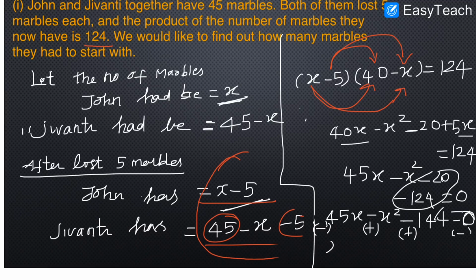There is no sign for 0. So I can write x square minus 45x plus 324 equals 0. So this is our required quadratic equation. In the next class we are going to solve many related problems. Hope you understand. Thank you.